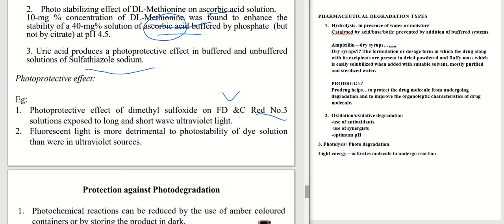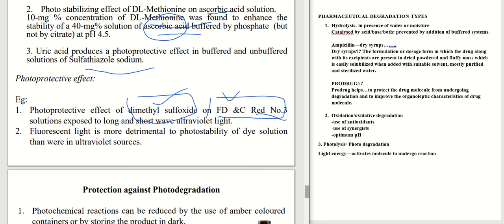The dark red turns out to be a pale red sometimes because of the instability. In such cases, if we add dimethyl sulfoxide, this change of color will not be seen, because it has photoprotective activity on the coloring.